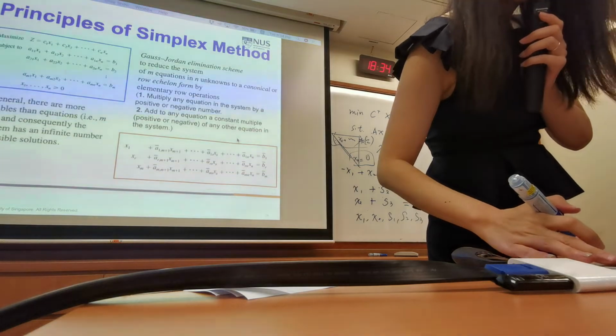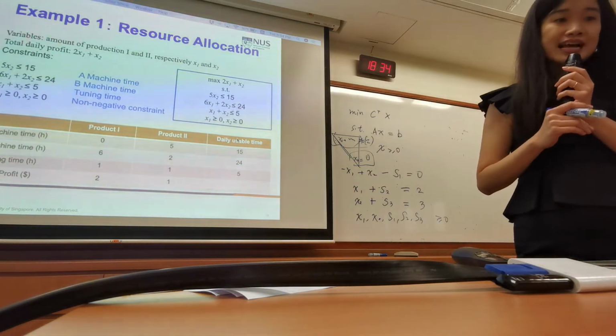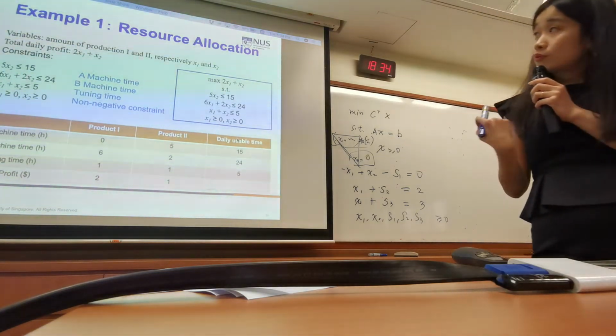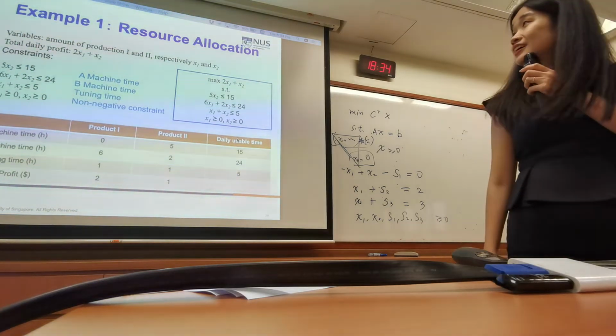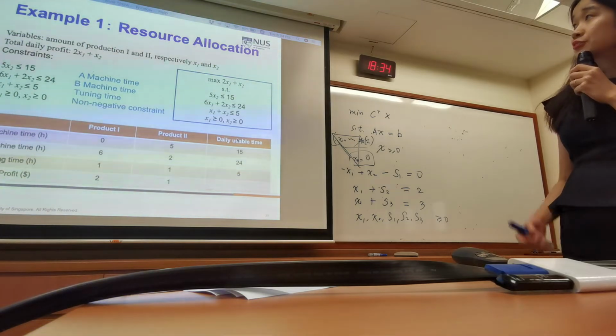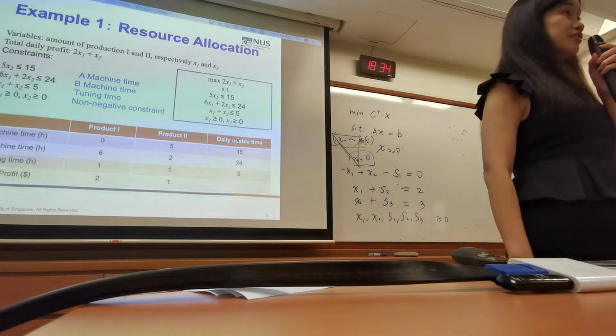We don't touch the details here, but we want to use some examples. We discussed those examples last class, just to remind you what we studied before, a typical problem of resource allocation. Here we have two products, so we can produce X1 and X2 respectively.